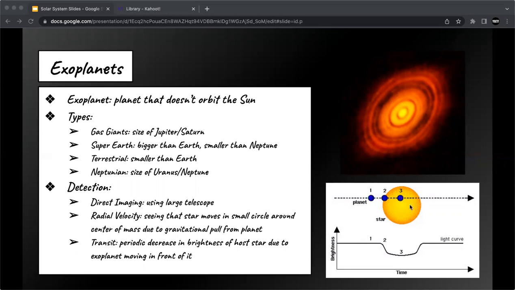And then when it's at position 3, the brightness will decrease because it's blocking some of the light. And yeah, this describes transit. Over here on the top, we have HL Tauri, which is a system of exoplanets around a young T Tauri star.